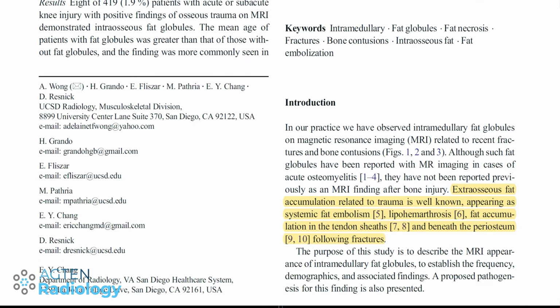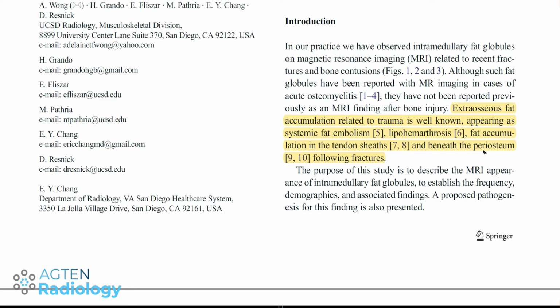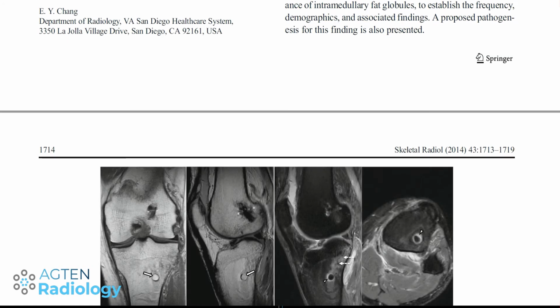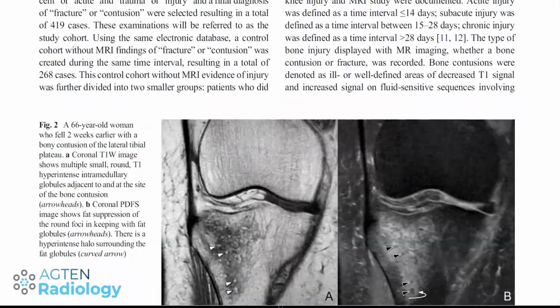I just showed you an image of the wrist and not the knee. They also say that fat accumulation due to trauma is well known and can lead to fat embolism, and that's nothing new. We have the release of fat into the joint, and here you can see this big fat globule, with a hyperintense rim around it, so don't fall for metastasis or any other strange abnormalities.